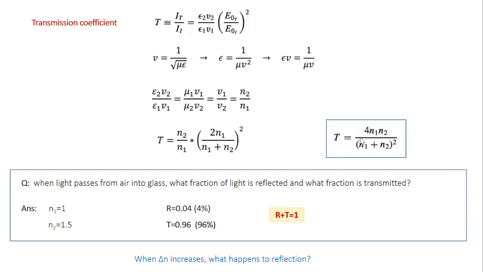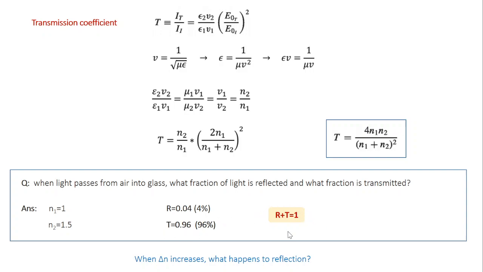Similarly, transmittance T equal to 4 into 1 into 1.5 divided by (1 plus 1.5) whole square. This is 0.96 or 96%. So 96% of light is transmitted into glass. You can notice an interesting relation here. R plus T is equal to 1.